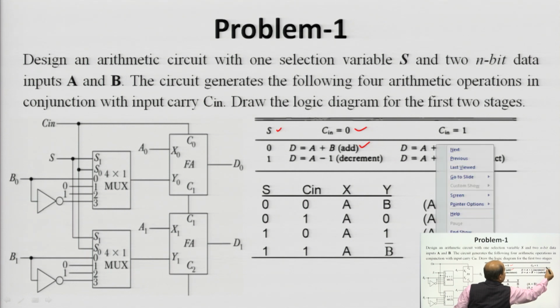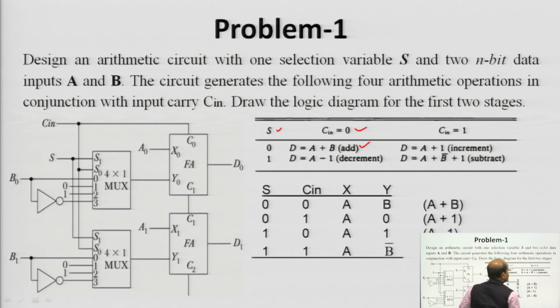This operation is selected. Now, if it is 1 and 0 combination, we perform the decrement operation which is shown here, and if both the values S and carry in are 1, then we perform the subtraction operation A minus B.